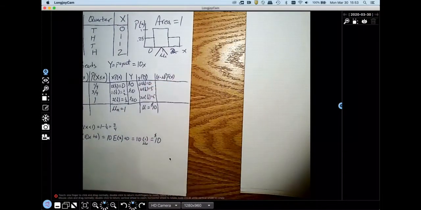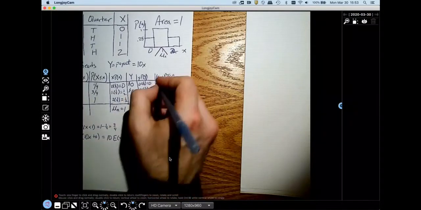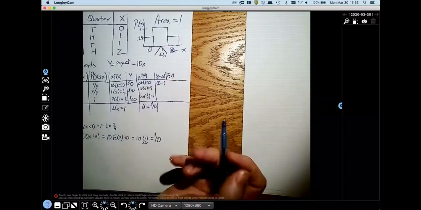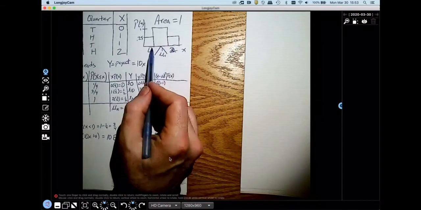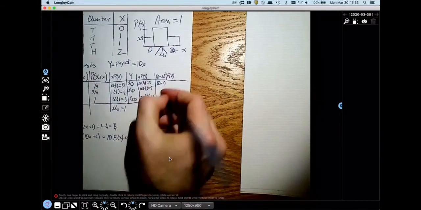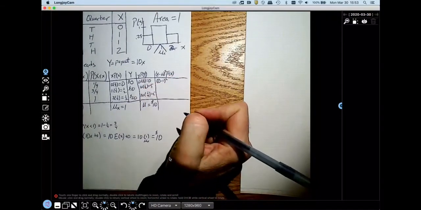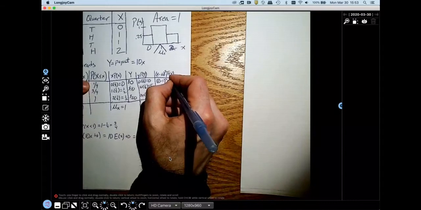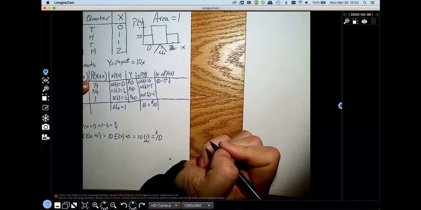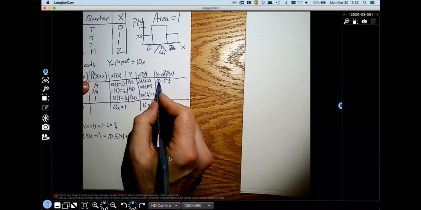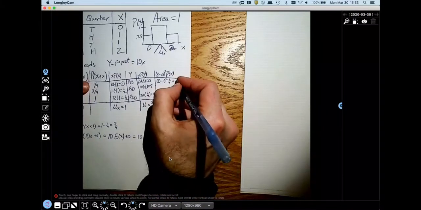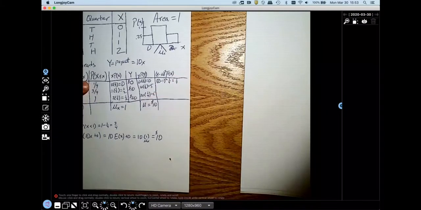So this is going to be 0 minus 1. If I get 0 heads, I'm 1 away from the middle, squared. And then how much weight should I give that? That only comes up a quarter of the time, so we're going to multiply by a quarter. So (0 minus 1) squared is 1 times a quarter, so this is a quarter.